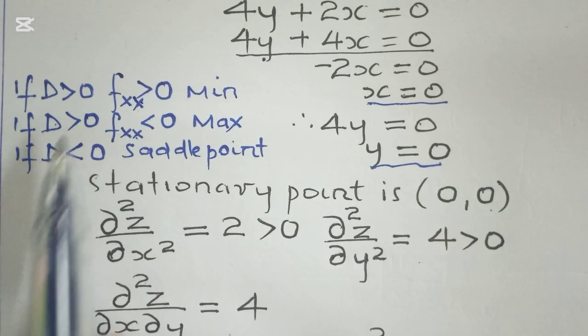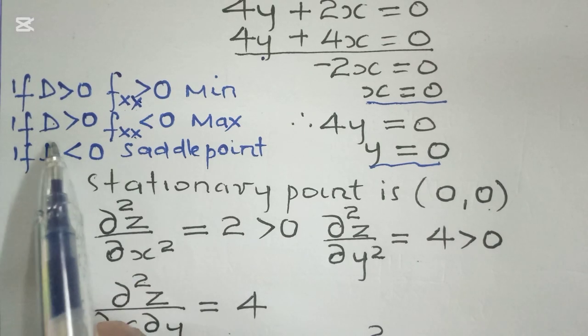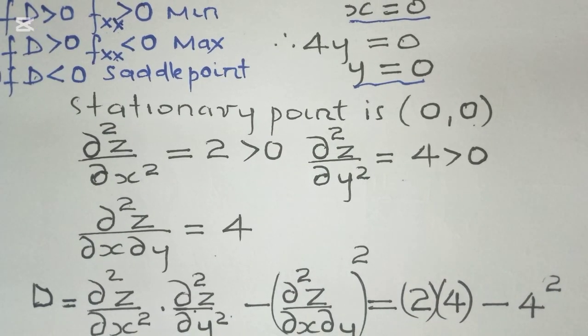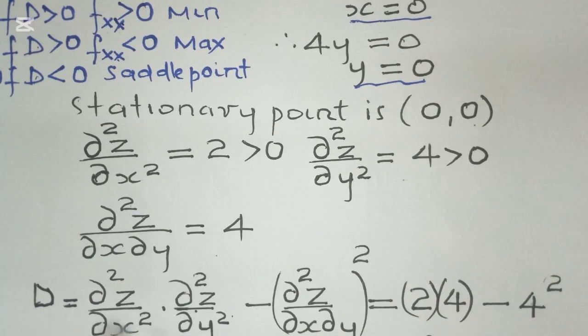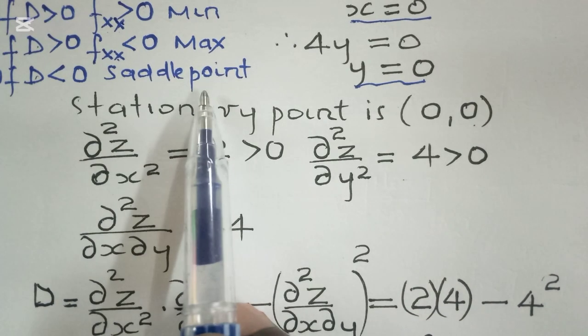Guys, now for us to get the determinant I'm talking about, the Hessian determinant, we use an equation right here. This is the equation that we use for that determinant. And this is what will show us whether it's a minimum point or a saddle point.